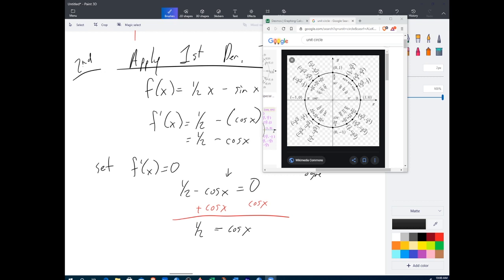We want to find the places where your x coordinate is 1/2. Where do you see that happening? At what angles? And there should be 2. And tell me in terms of radians, not degrees.